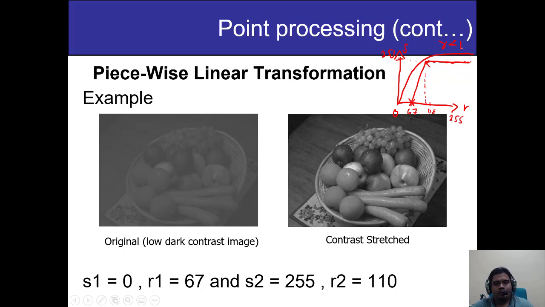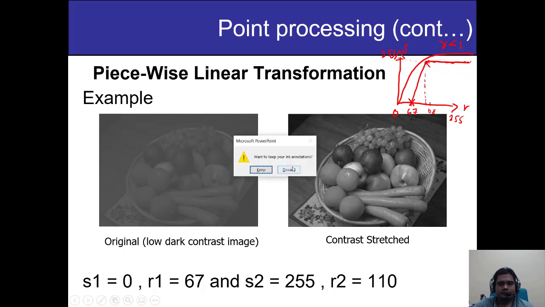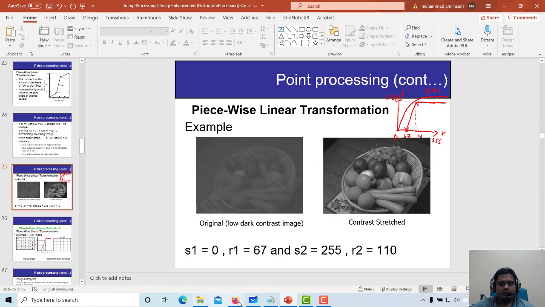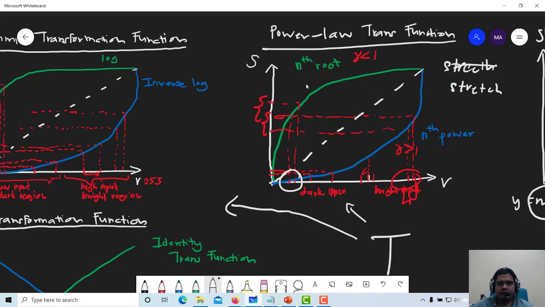So if you go back to our discussion here, power law with gamma less than 1, then it will stretch the narrow region of the dark side into wider range of the dark side. So that is the advantage of power law transformation function where the gamma is less than 1.